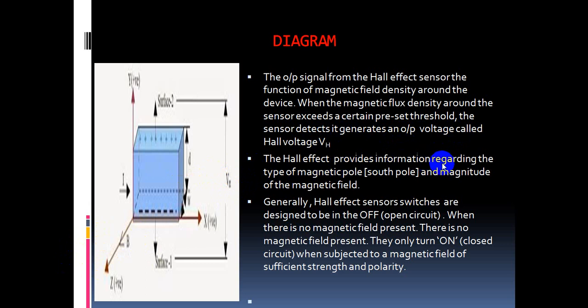The Hall effect provides information regarding the type of magnetic pole and the magnitude of the magnetic field. Once again, this Hall effect sensor is also used as on and off switches. In off mode, that means open circuit, there is no change in magnetic field. It acts as off mode. If there is any change in the magnetic field, then it works as on mode. So in this way, this Hall effect sensor is also used as a switch, that means off and on switch also.